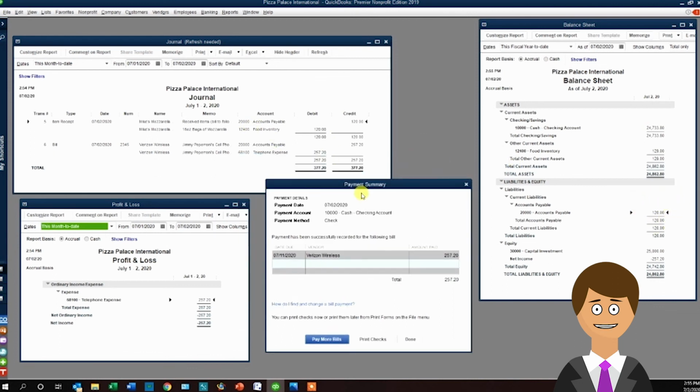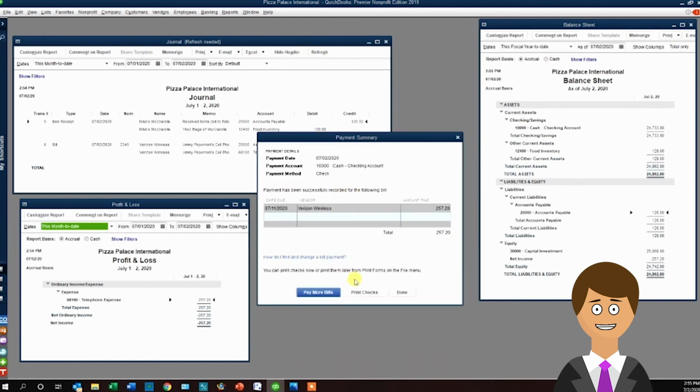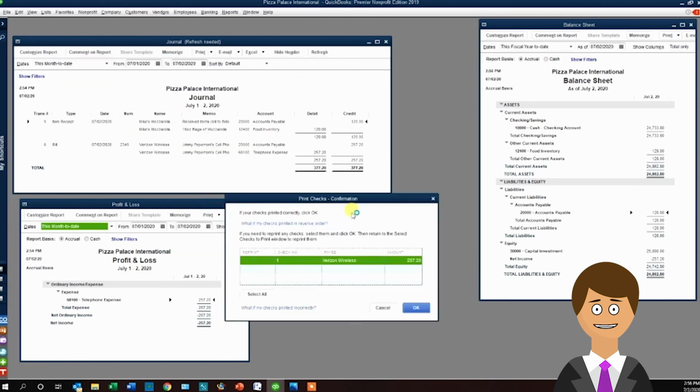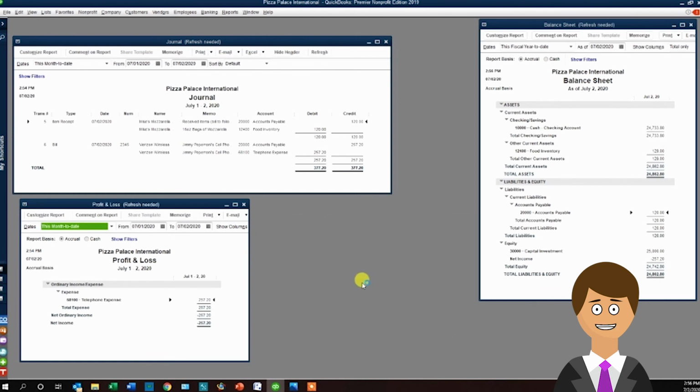So if we go over here to our journal entry, well, it wants us to pay the bill, so let's just print that check. We now are printing that check. It's going to ask us, did it come out okay? And yes, it did print okay, so we'll just say, yep, everything was good.